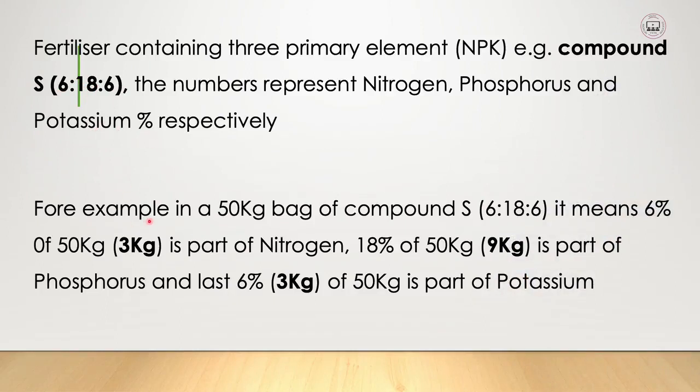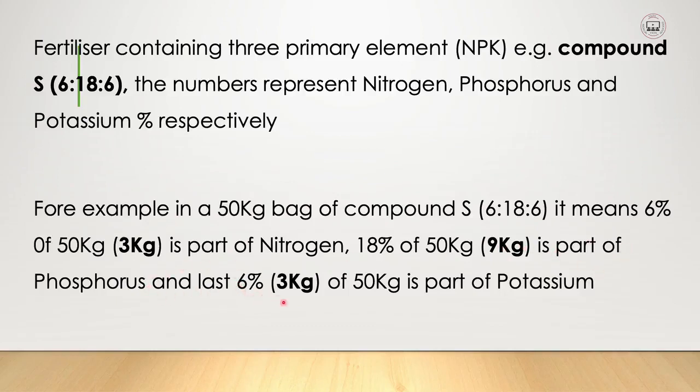So for example, in a 50 kg bag of compound S, which is 6-18-6, 6% of 50 kg, which is only 3 kg, is part of nitrogen. And also 18% of 50 kg, which if you can calculate, it is coming up to 9 kg, is part of phosphorus.